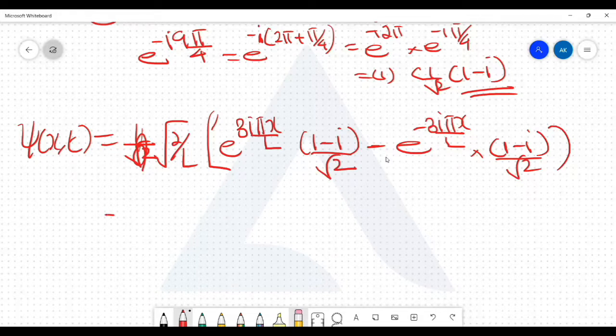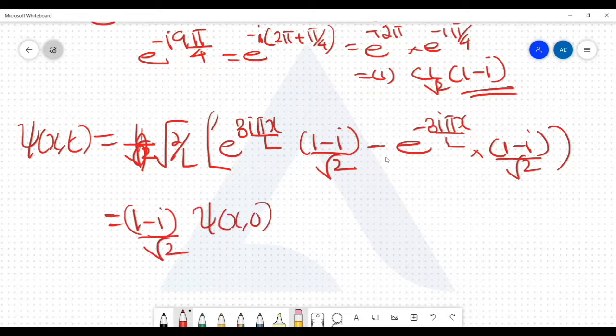So you can take that term outside, 1 minus i by root 2. Everything else is nothing but psi of x,0. So this is our final answer.